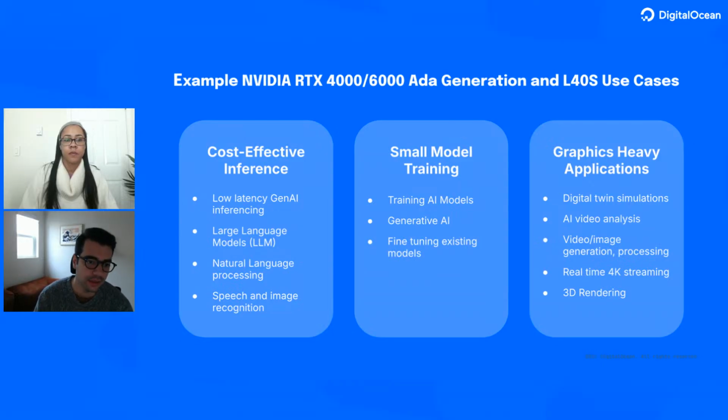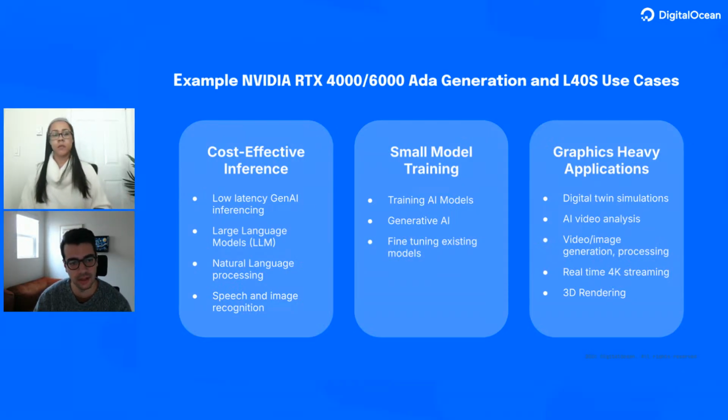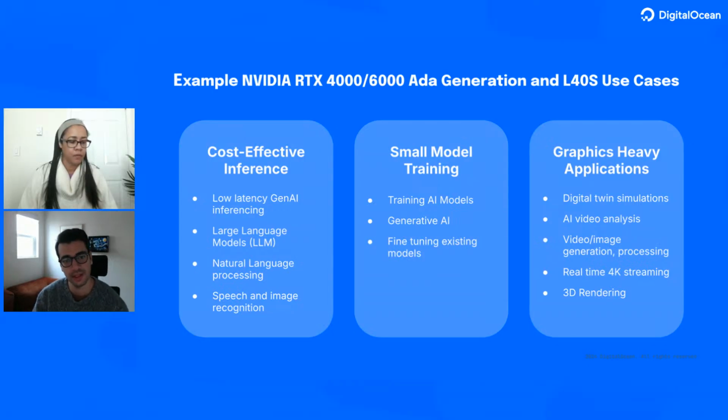So you can really run cost-effective inference with these GPUs. They're really great for low latency Gen AI inferencing, large language models training, natural language processing, speech and image recognition. You can also use these for small model training, training small large language models, or you can use it to fine-tune existing models.